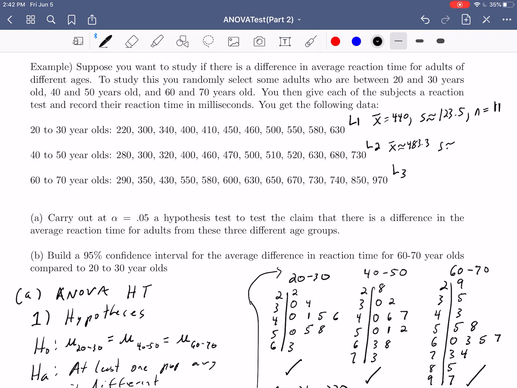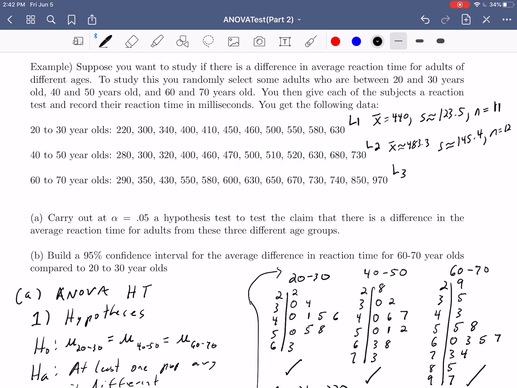The standard deviation there was 145.4, looks like. Yeah, 145.4. And the N was 12, so it looks like we had 12 40 to 50-year-olds.